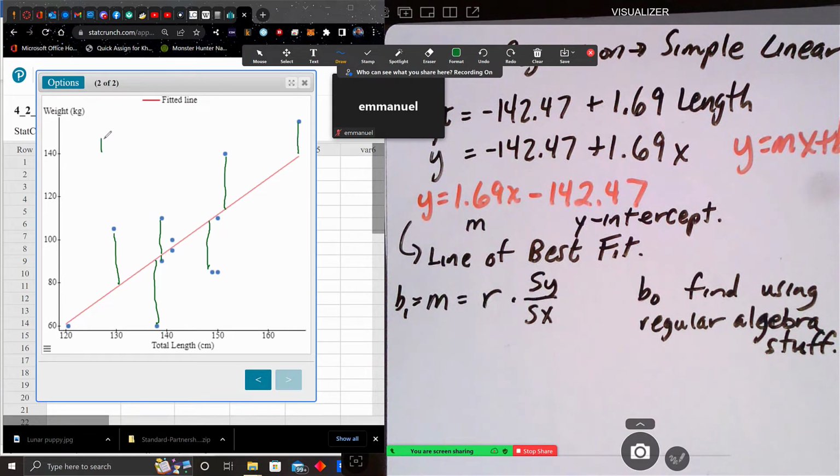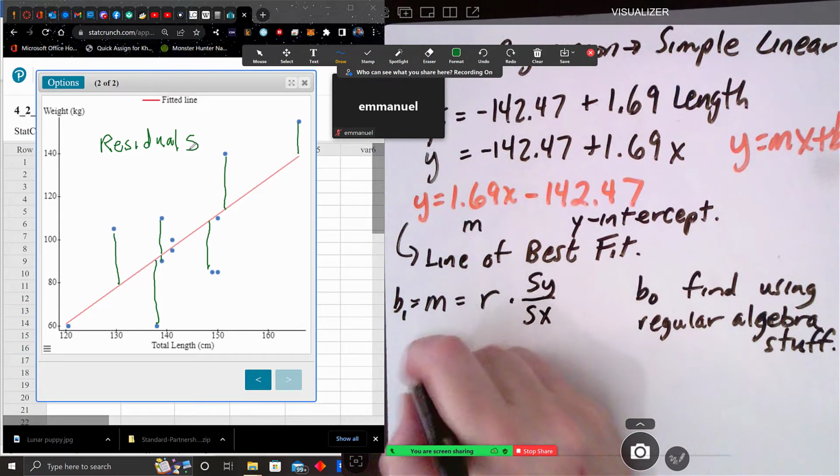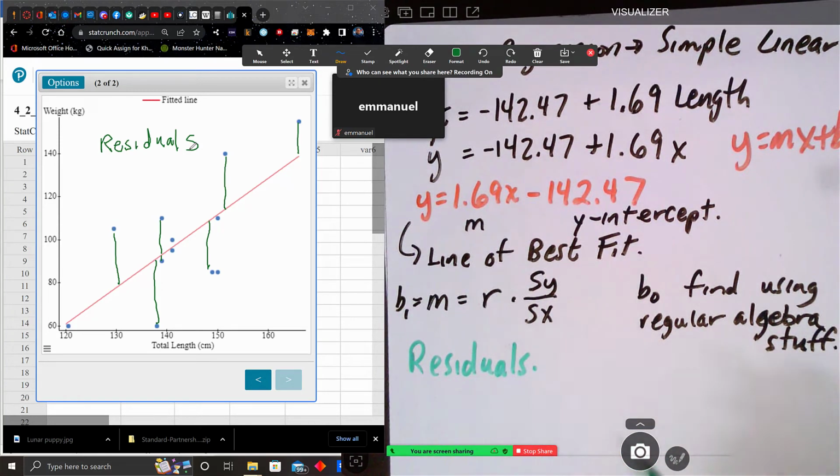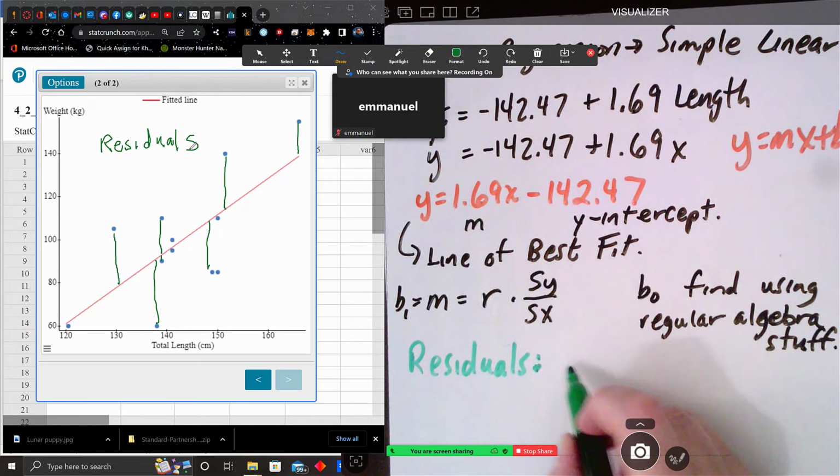So these are called the residuals. That distance there are called the residuals. The residuals, they'll mention this in the stuff.